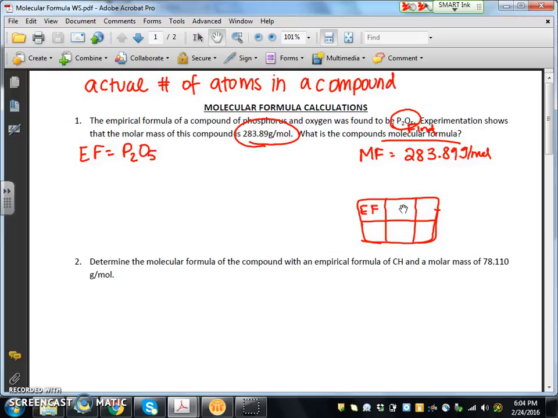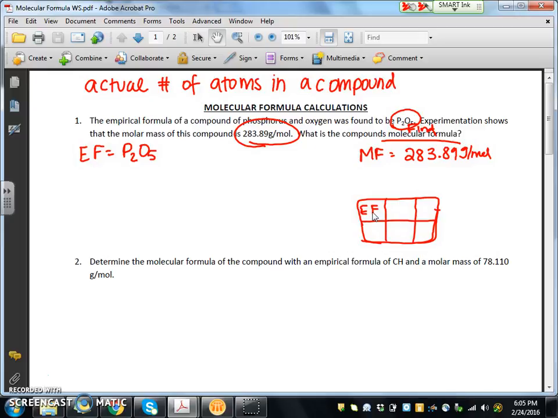Now, they've told us what our empirical formula looks like. It's P2O5. And they told us that my entire puzzle weighs 283.89. So in order to figure out how many of my empirical formulas make up my molecular formula, or my puzzle, so how many pieces are in my puzzle, I need to be able to compare the mass of one piece to the total.